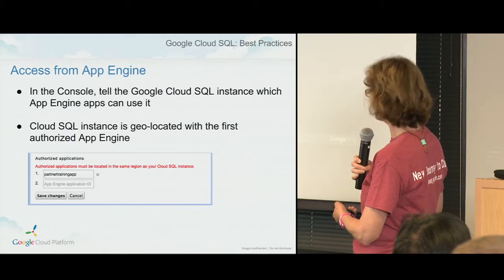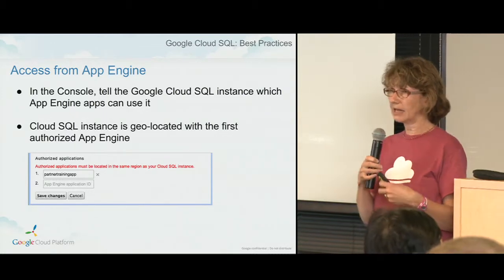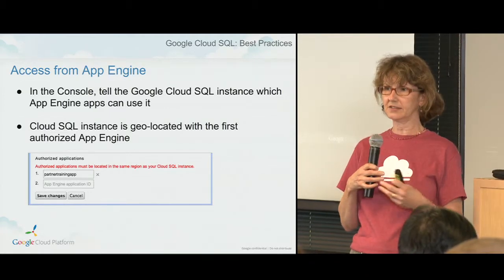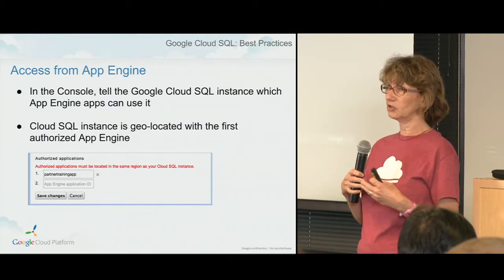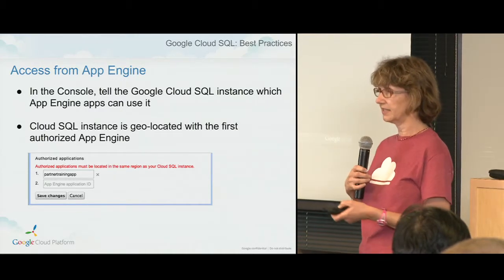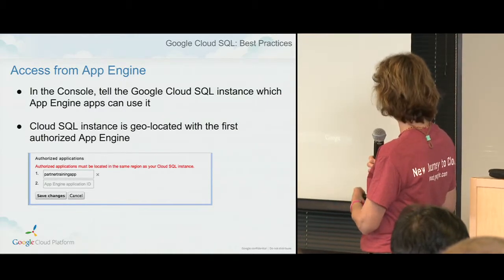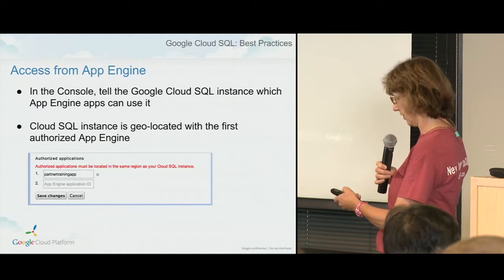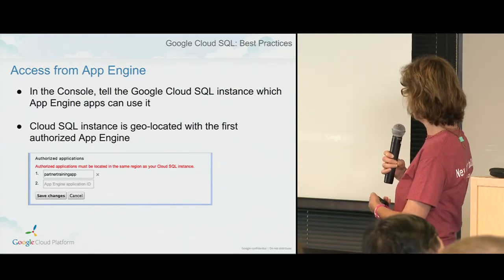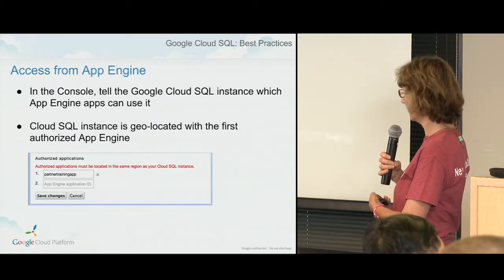And the other thing is that we try to optimize performance when your App Engine application is using a Google Cloud SQL instance. We try and keep them as close together as possible. So your Google Cloud SQL instance will live with, or as close as possible to, the first App Engine application instance in the list.